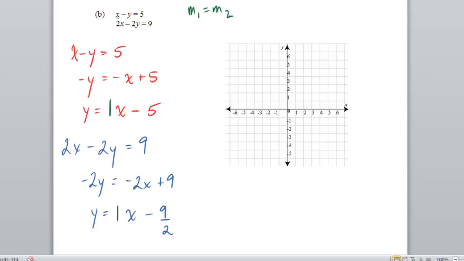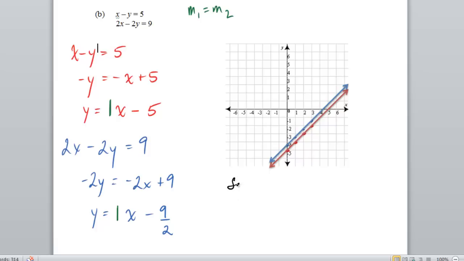Now the second one has kind of an awkward y-intercept, 9/2 or 4.5. So you're just going to plot that as best you can. But I'm going to go ahead and graph both of these. Okay, and so you can see now that I've graphed these two lines, and they're very, very close to each other, but you can see that they're going to be parallel.